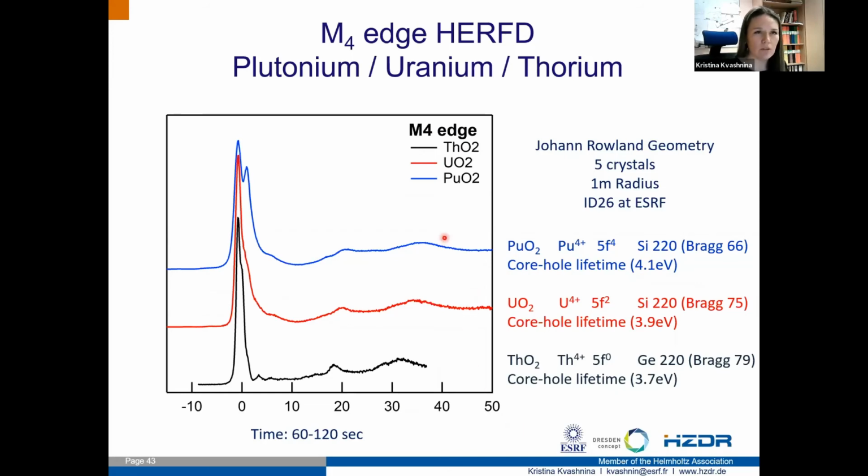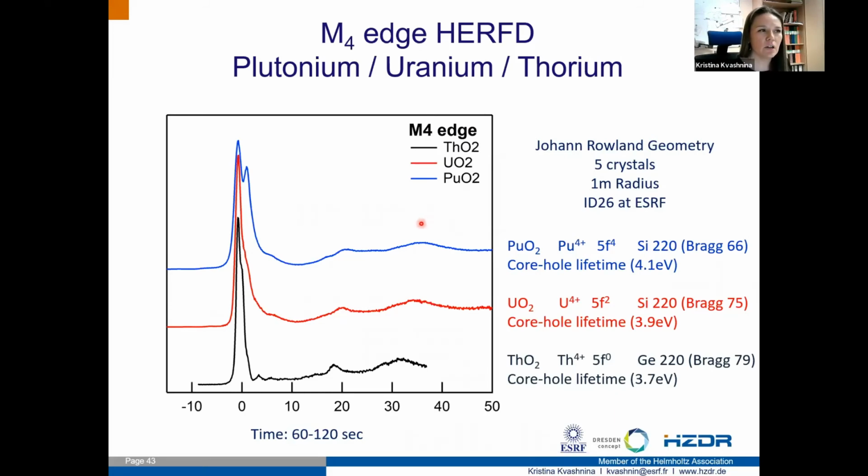So we don't talk about M5 versus M4. This is only M4, recorded at the same beamline with the same spectrometer with the 5 crystal analyzers, the one meter spectrometer at ID26.